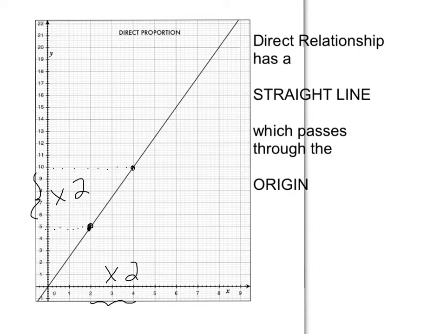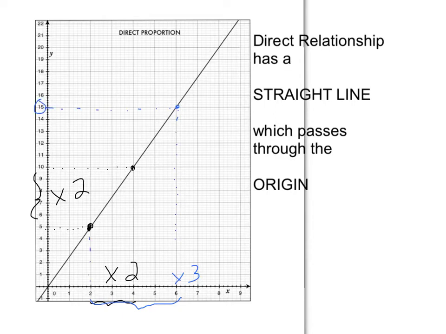Let's check and see if the x-axis triples, if that's also the case. So if I go 2 times 3 is 6. If I go from 2 to 6, which is times 3, let's see what happens. I'm going to take 6 and I'm going to go all the way up here, find 6, and I'm going to go across to 15.